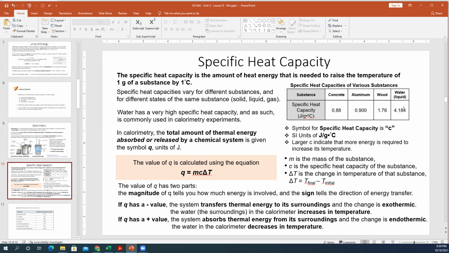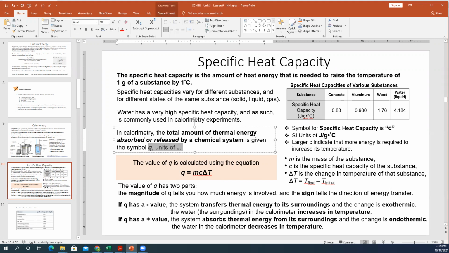Water has a very high heat capacity compared to the rest, that's why it's used so commonly in calorimetry experiments. So in calorimetry, the total amount of the thermal energy that is absorbed or released by the chemical system is given the symbol Q, and its units are joules.